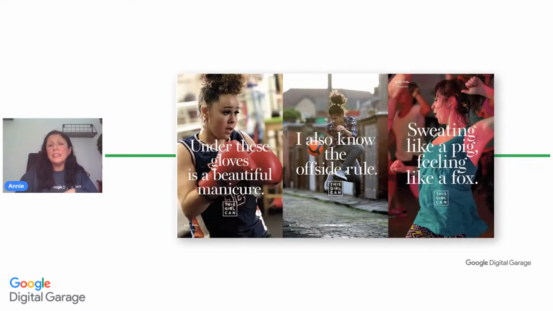Now, this is a really lovely example. This case study, some of you might remember, is called the This Girl Can campaign. And this campaign generated 16 million women exercising. So what they discovered was that women were nervous to exercise, and the internal thoughts were that they didn't look good enough when they were exercising, and it stopped them from taking part. So you could probably guess which platforms this worked well on.